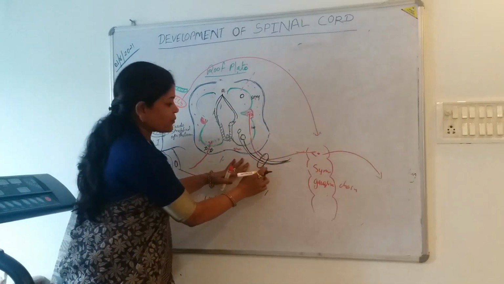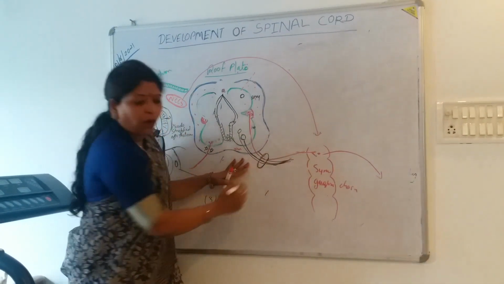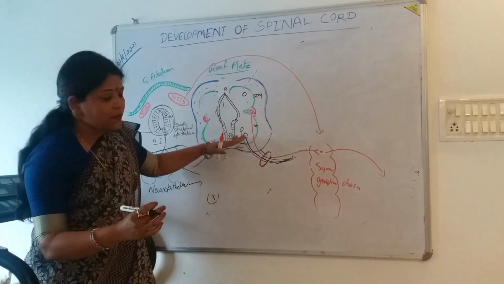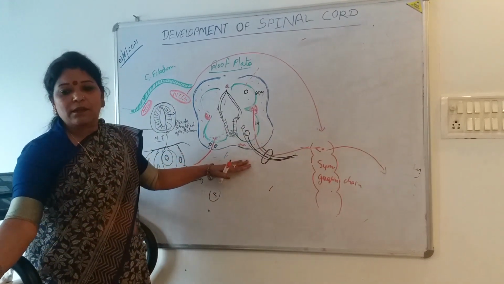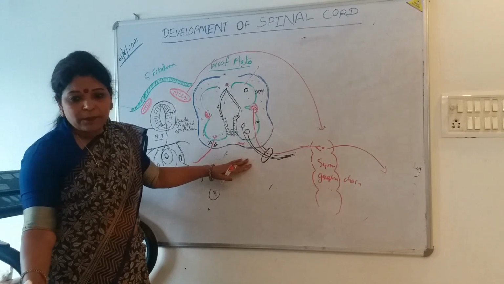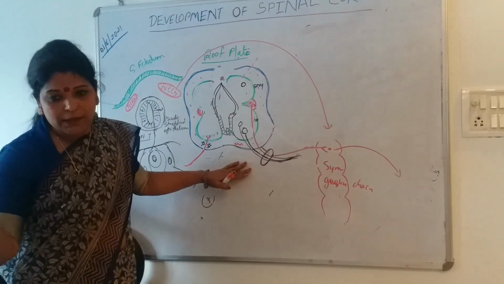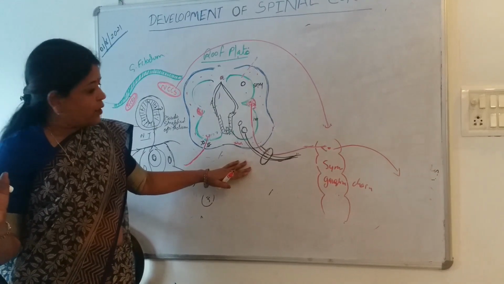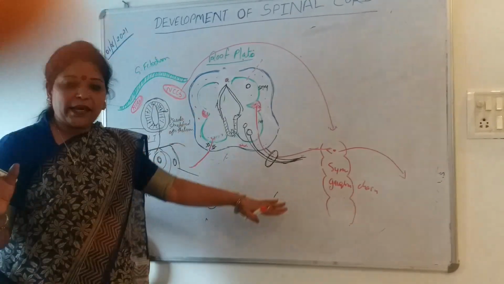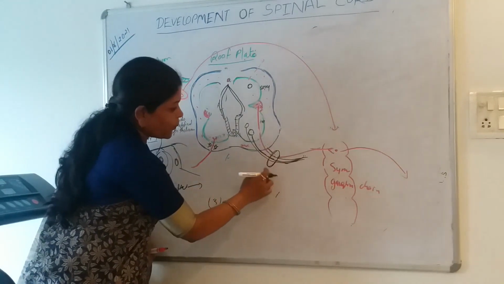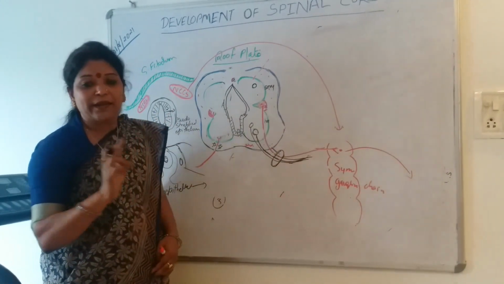So these axons carry what? Motor impulses from this spinal cord and supply the muscles. Okay? Yes, motor means it is going to supply any muscle. Isn't it? So, motor impulses supply some muscles via this motor root of a spinal nerve.